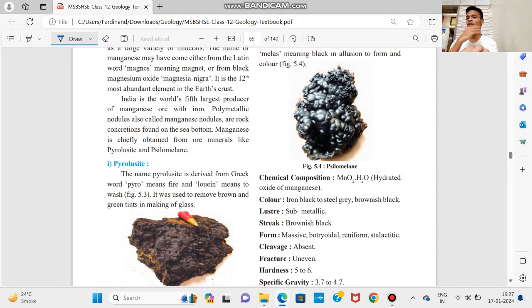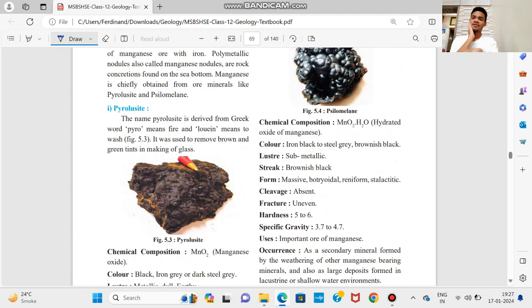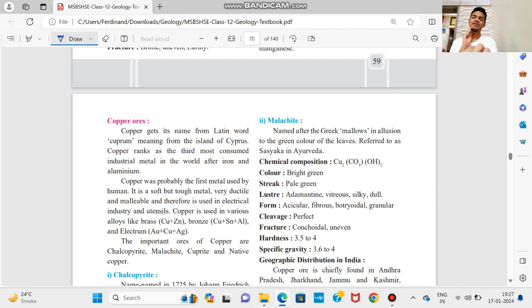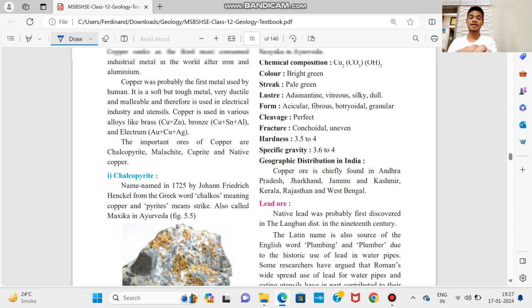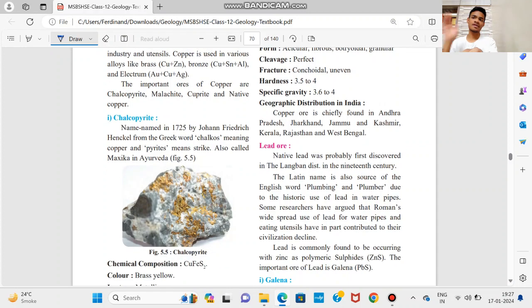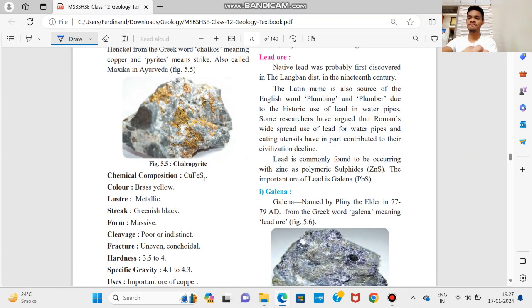Next we go to copper ore, chalcopyrite and malachite. I'm going a bit fast because the video has gone a little longer than supposed to be. As you can see in the images, I'll give you a PDF of the actual rocks, how they look. These are just photographic images taken from Google maybe.